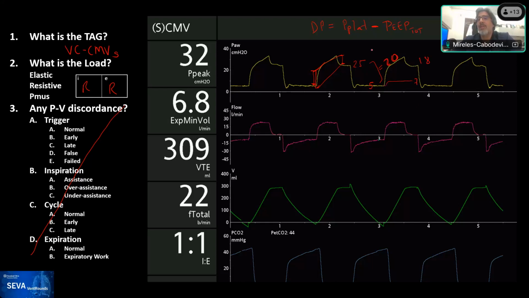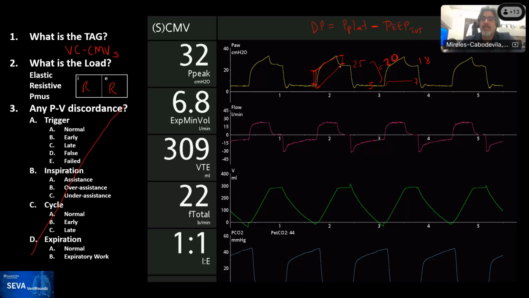So this conversation is taking you to two key points. The first one is when you talk about driving pressure, especially when there's an increased resistive load, you need to use the PEEP tot, and that's a common error in a lot of articles and manuscripts, where we calculate without doing an end expiratory pause. We just use the set PEEP. Rob?